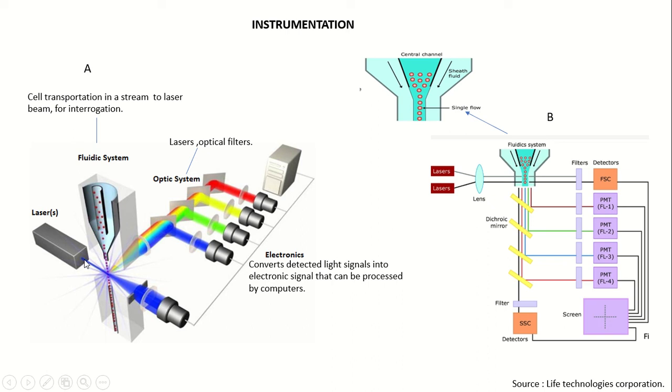This is the detector in the line of the laser beam, so it is the detector for forward scattering, and somewhere here there would be the detector for side scattering analysis, at the 90-degree orientation like this. We will see in detail one by one.